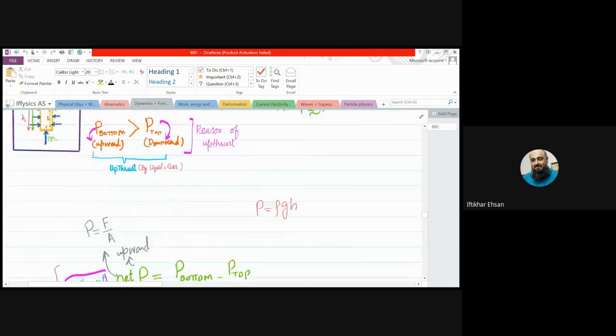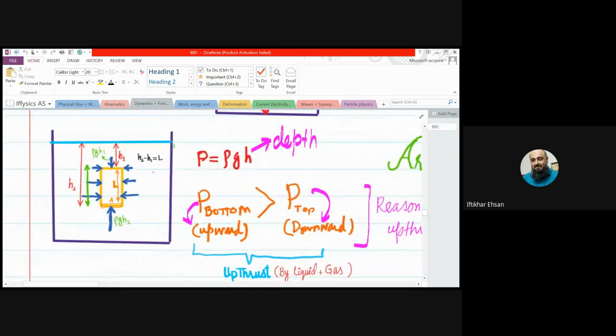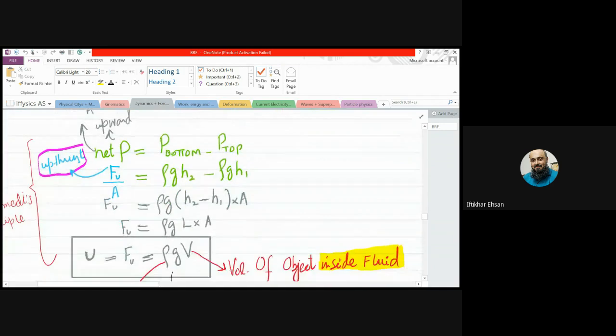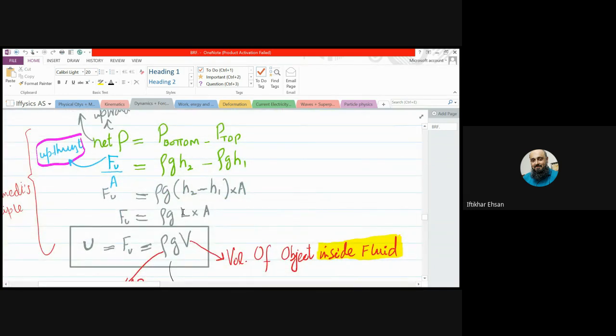If you see, as we discussed previously, this is H1 and this whole is H2. If you subtract H2 minus H1, that will be equal to the length of this side, L. So H2 minus H1 can be written as the length, multiplied by the area.